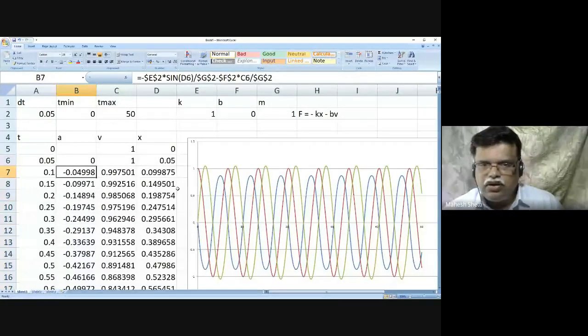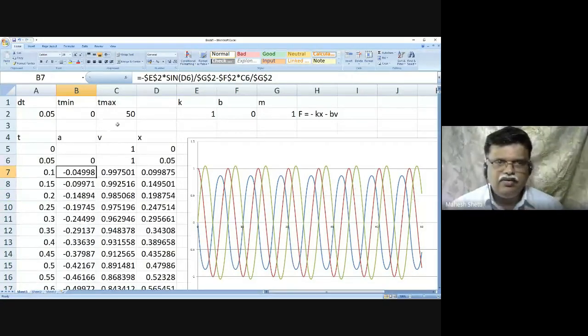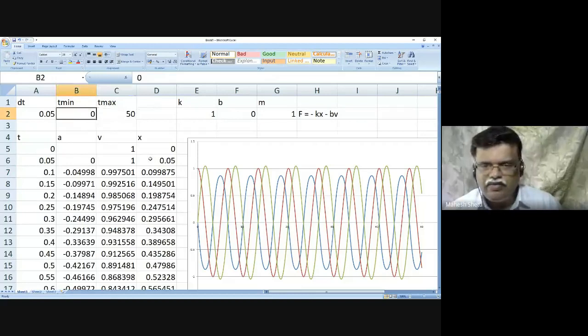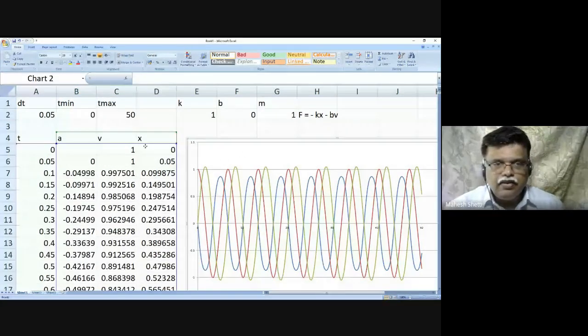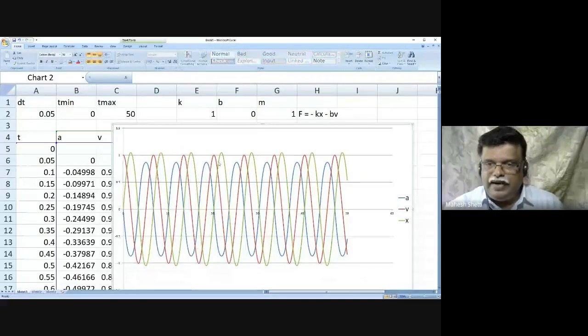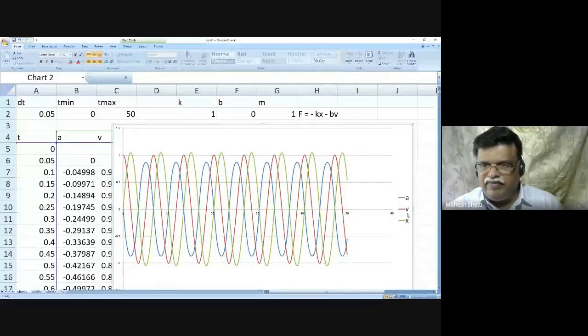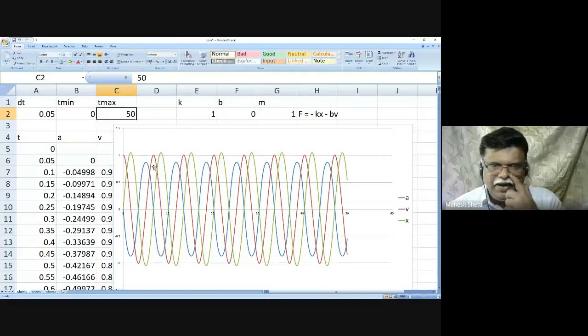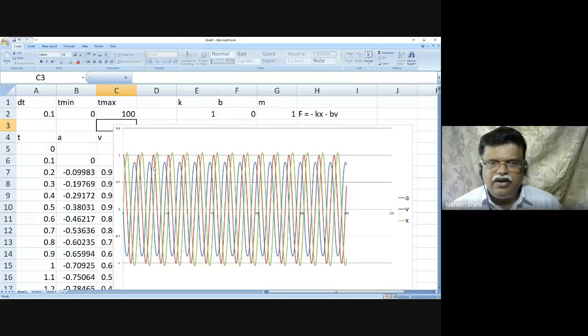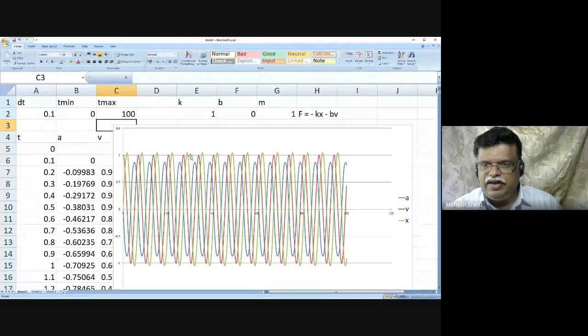So what you observe again over here is, I've taken already 50 oscillations. The amplitude or the velocity or the displacement, whatever it is, it is remaining same. It is not increasing. Even if I take instead of 50, say 100, you see that amplitude is remaining constant.